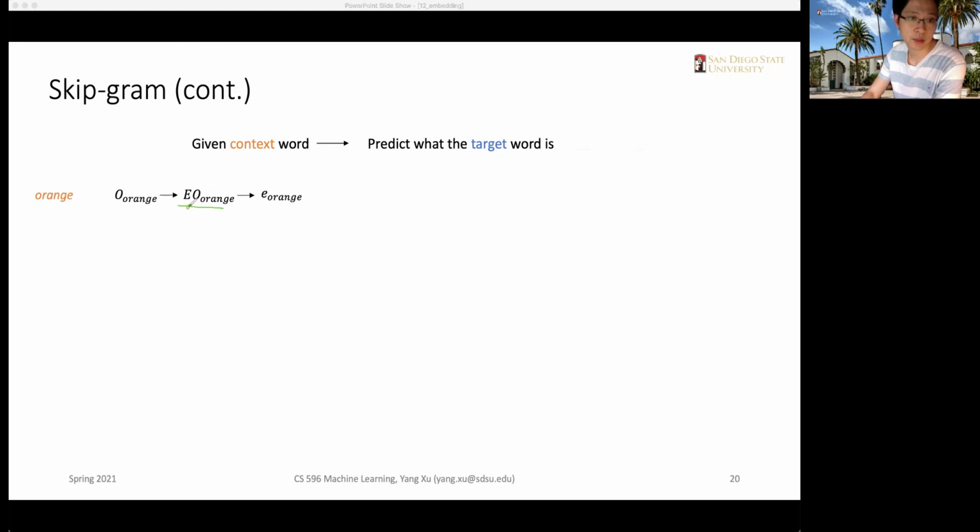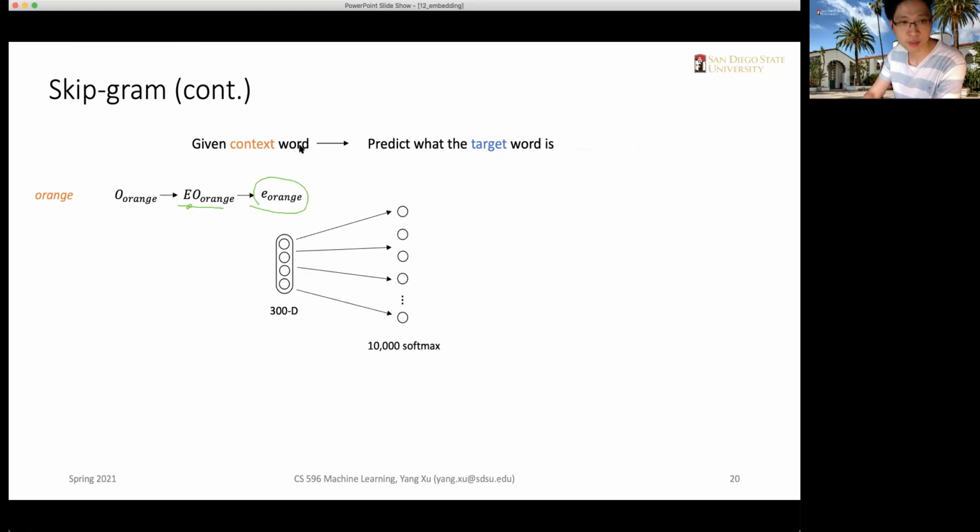This E will give us the embedding vector for orange. But this time we don't use any additional context. We don't use the previous 5 words. We just use that word orange to predict the next target word. And it still has to be a 10,000-way softmax output, which is a lot of computation.